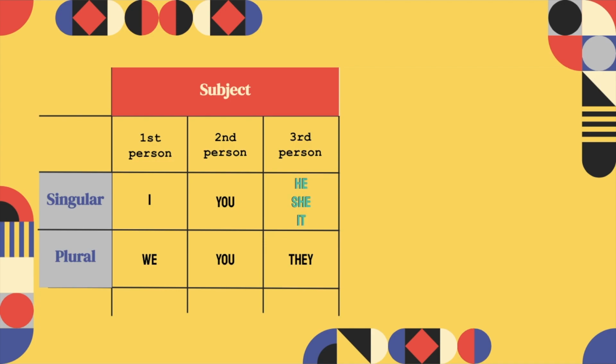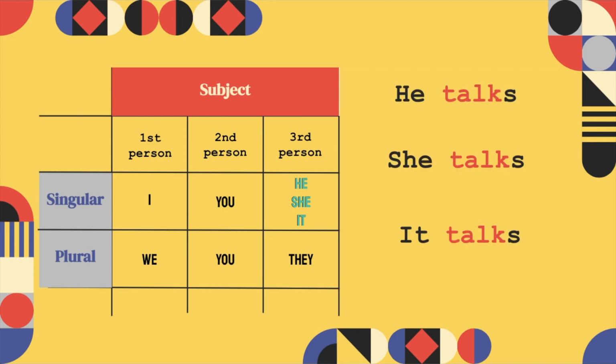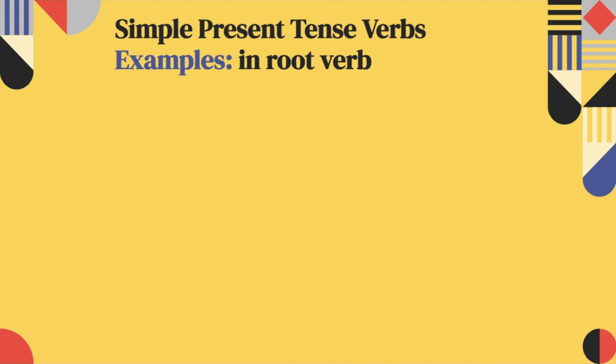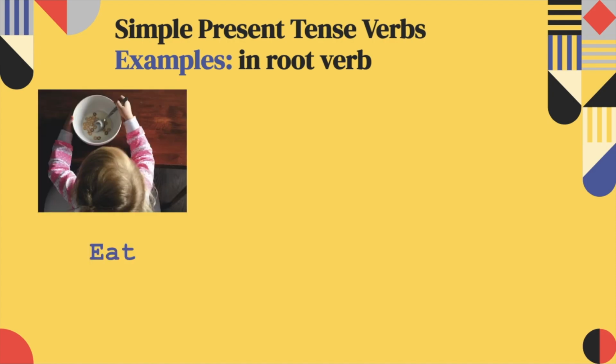This means I can say he talks, she talks, and it talks. Now let's use the simple present tense verbs in simple sentences. The verb eat, to use it in a sentence, we can say, she eats cereal, and eats here has an S. This is because she is a subjective third-person personal pronoun.